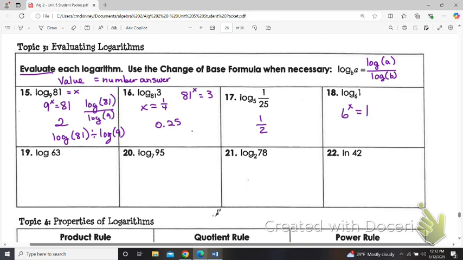Anything to the 0 power. So this whole thing we could just say is equal to 0. Again, you could still do log of 1 divided by log of 6. It's still going to give you 0.